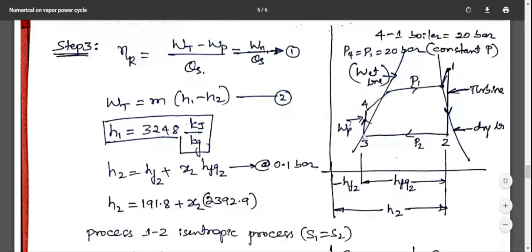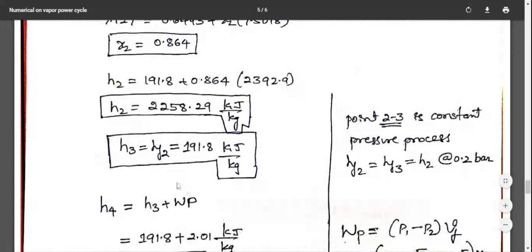H3 plus work done on the pump. From 3 to 4, this length of the line indicates work done on the pump, and from here to the x-axis indicates H3. So H3 plus WP is equal to HF4.